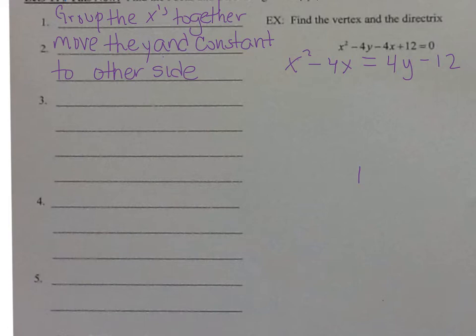Okay, so the next thing we want to do is complete the square. Now when we complete the square, we want to complete the square only for the x values. You want to take this to the point right before you square root both sides in completing the square. So let's write that down. Complete the square for the x's.